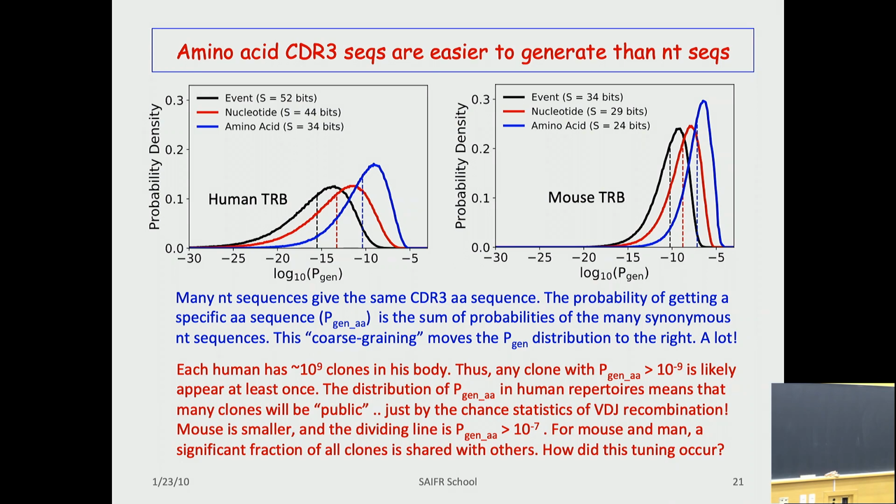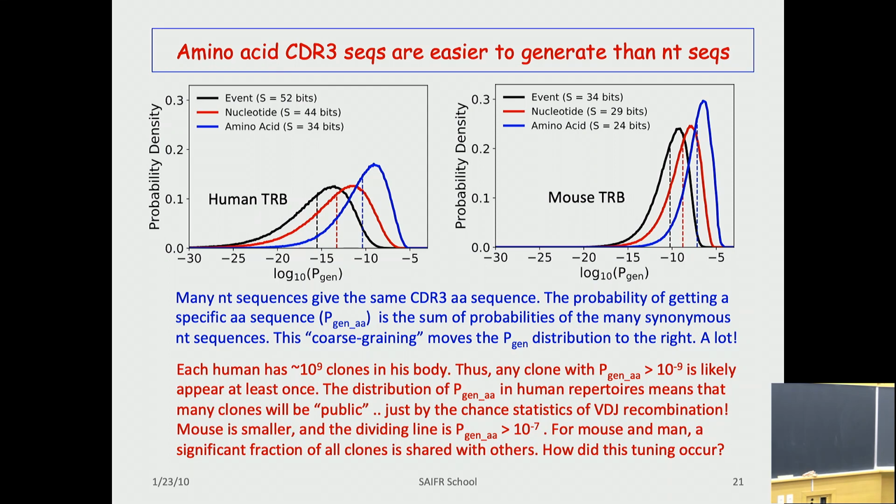In other words, a given T cell sequence can be found not just in one T cell, but in a bunch of T cells. The bunch of T cells that have the same sequence is called a clone, and there is some distribution of clone sizes. We haven't talked about clone sizes at all yet, and probably won't today.